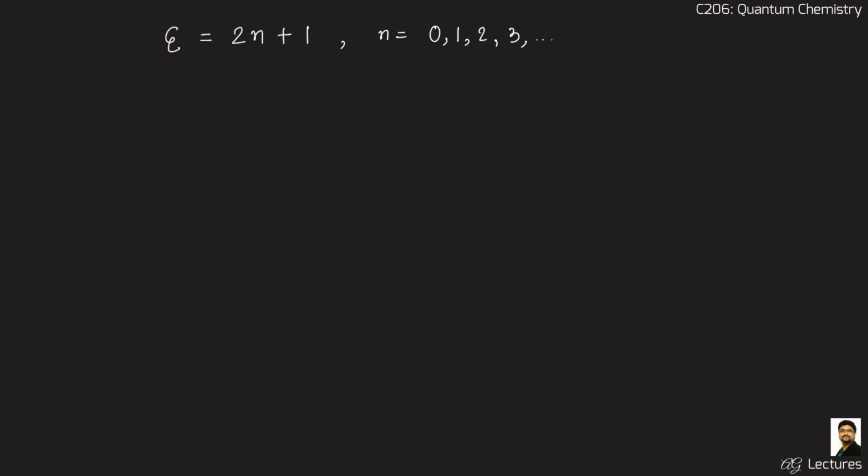So we have epsilon equal to 2n plus 1, where n can take values like 0, 1, 2, 3, etc. As epsilon now depends on some index n, let me call this epsilon n. Now we defined epsilon previously as the ratio of beta over alpha.